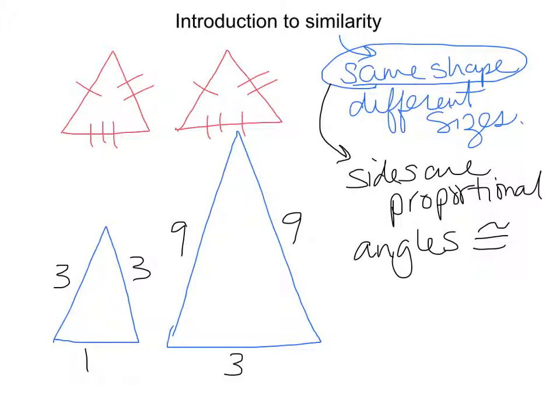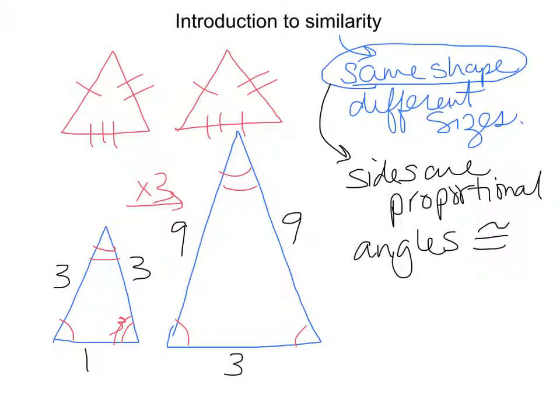The scale factor, what you do to get from one to the other, is multiply all 3 sides by 3. That's not quite enough, though. We also have to have congruent angles. In this case, it's isosceles, so the angles are congruent. These two triangles are similar.